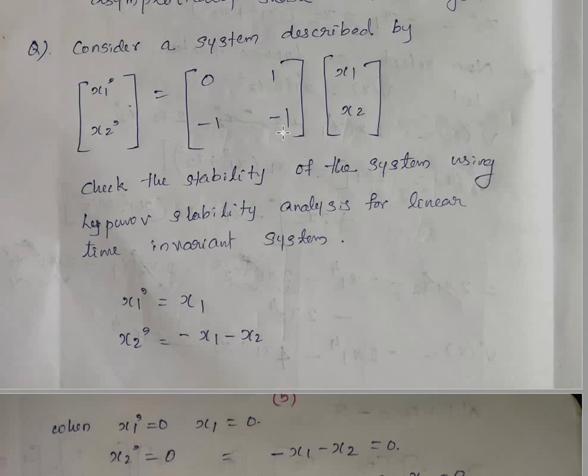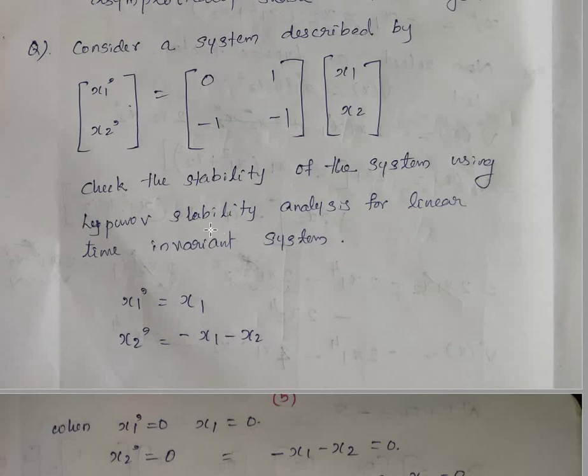question we approached this using the direct method, or Lyapunov second method. But here in the question it is specified to assess the stability using Lyapunov stability analysis for linear time invariant system. So for a linear time invariant system, the condition to assess stability is somewhat different.